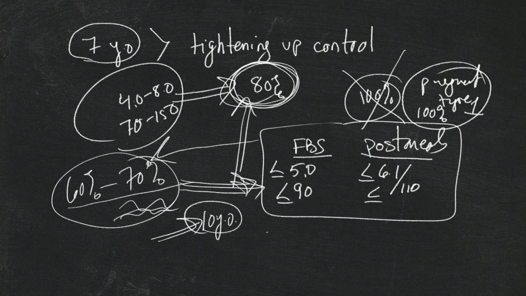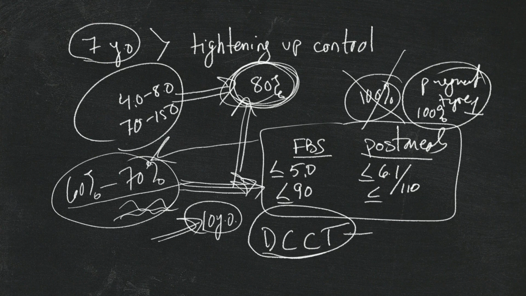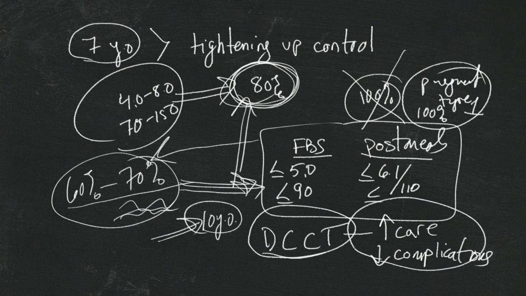And just to know, the Diabetes Control and Complications Trial proved conclusively about 12 years ago that the better care you take, the less chance you have of complications. That's going to be a theme that runs throughout the entire presentation.